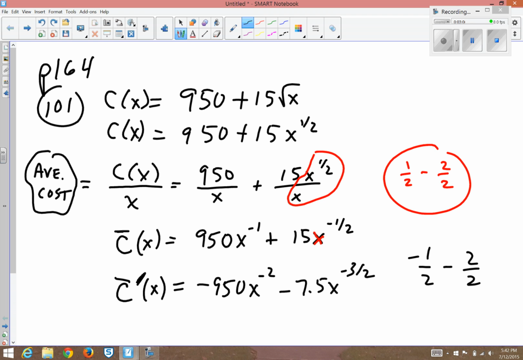C of X is here, C bar. The rate at which the average is changing is C bar prime.